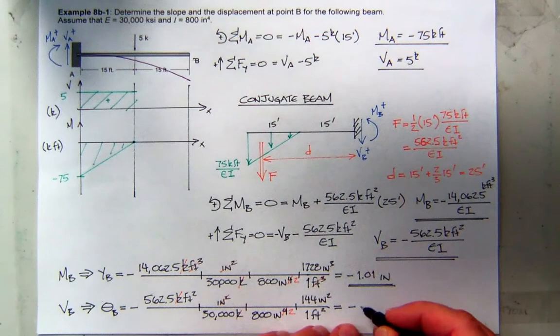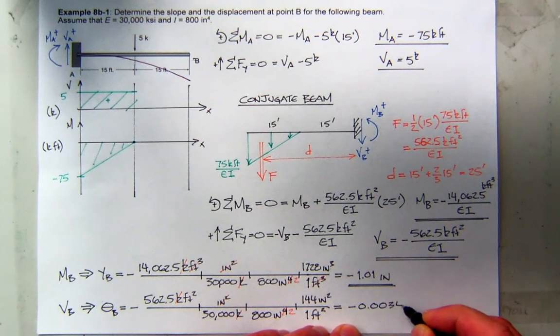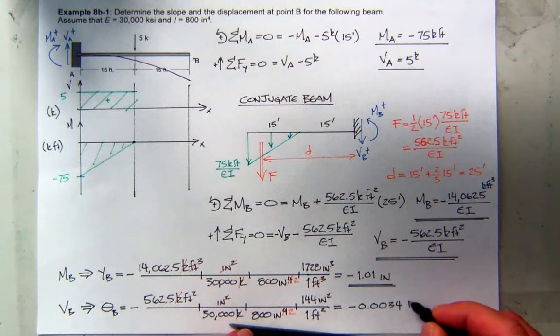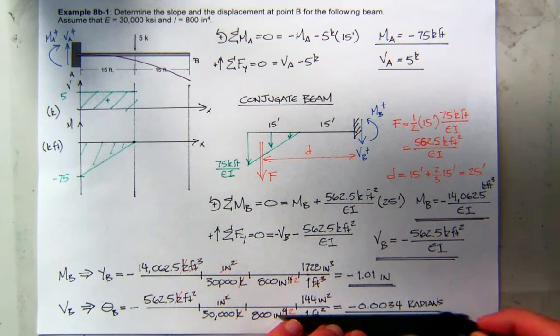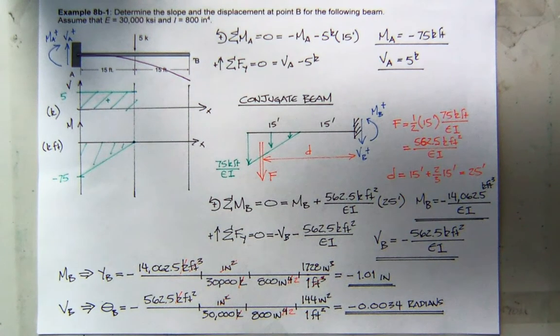Yes. 0.0034, and that will be in radians. So both those values, I think, qualify for small and should be well within the elastic beam theory limits.